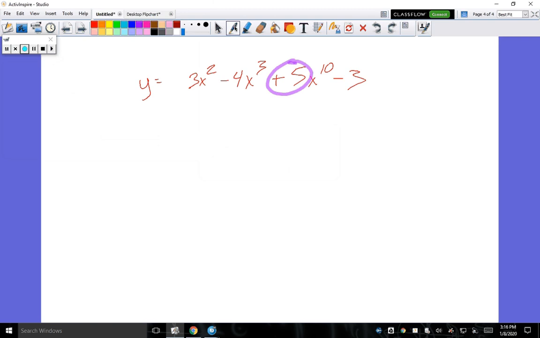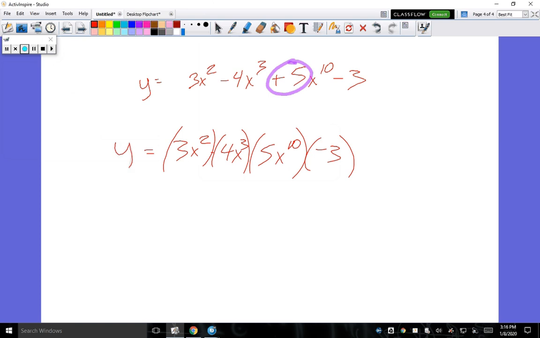Now, if I asked you to tell me what degree is this polynomial, what would you say? 10. Now listen, I'm going to change this up. I heard the questions that you guys were asking each other, and the discoveries that you chose to do. Okay, here we go. What's the leading coefficient?